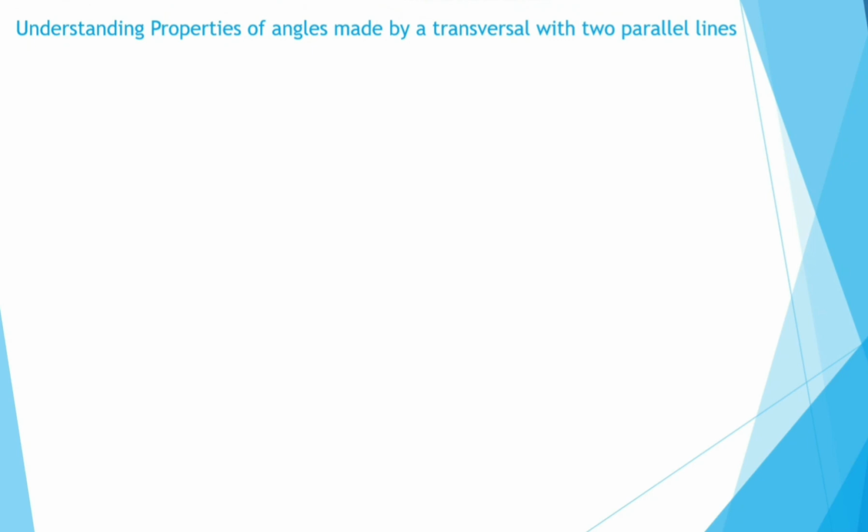Here I am showing you a video which will explain in 3D how these angles are formed and how to identify them by some memorable concepts. So let us watch the video.